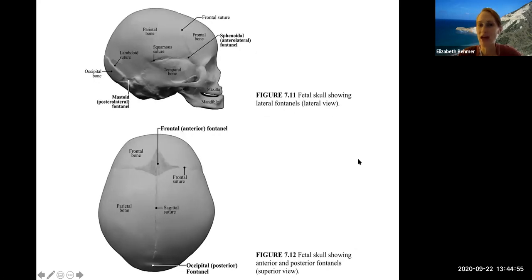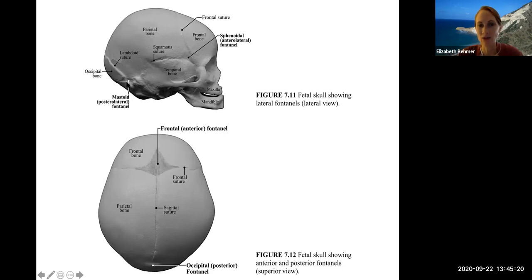This is actually a look at an infant skull, when I talked about some of the soft spots, which are known as fontanelles. You have different fontanelles throughout the fetal skull, again, up through 12 months of age. The most prominent or largest is this frontal anterior fontanelle. In some babies, you can see it pulsating through the skin.